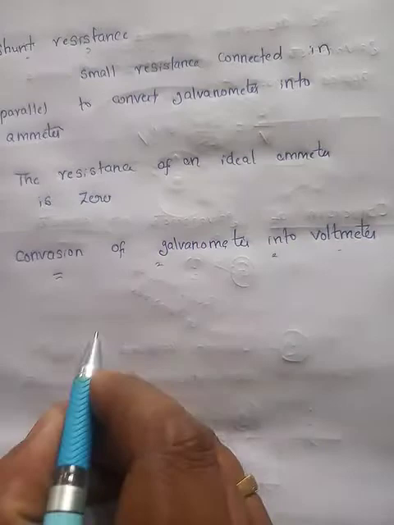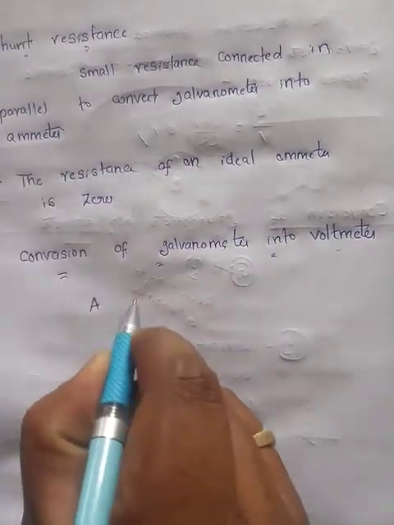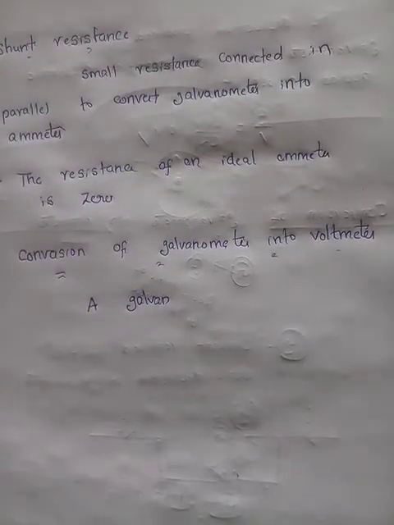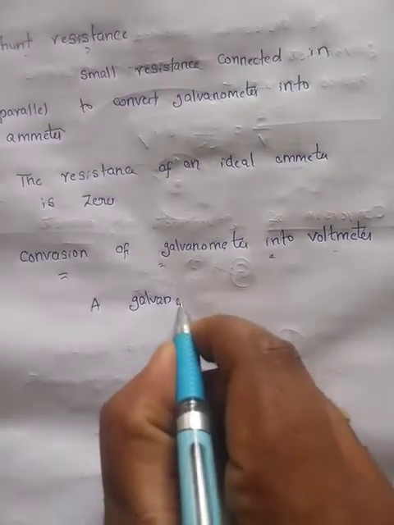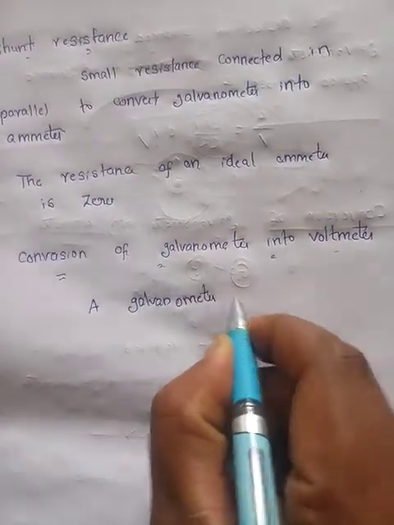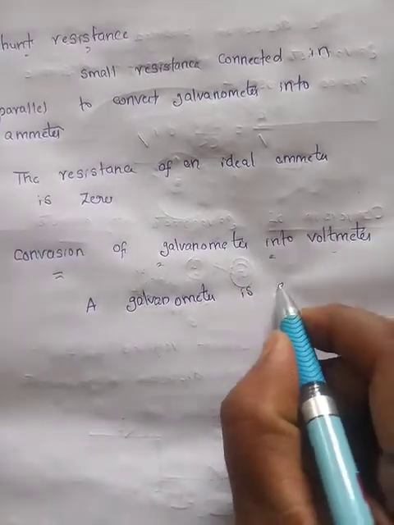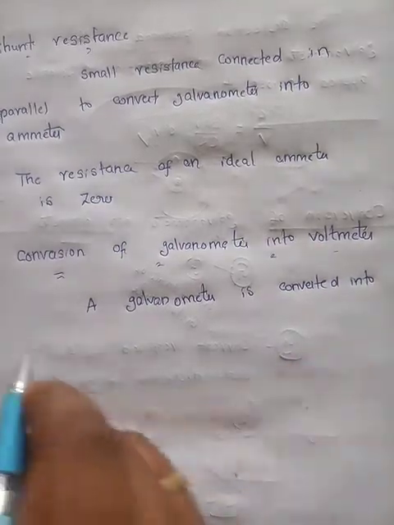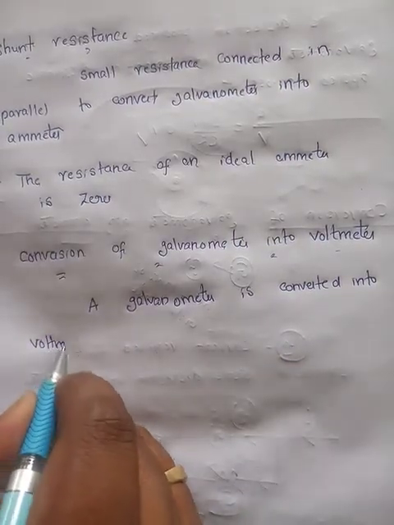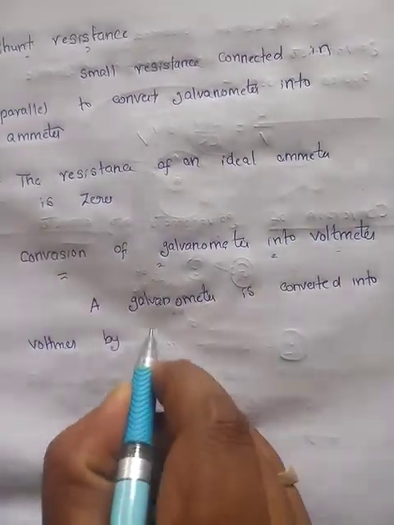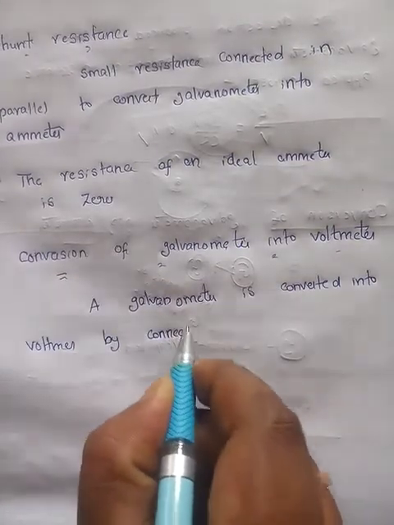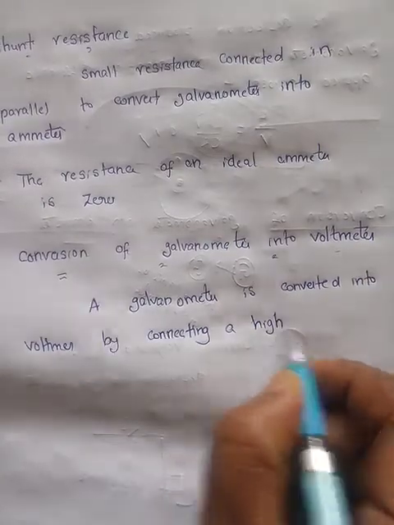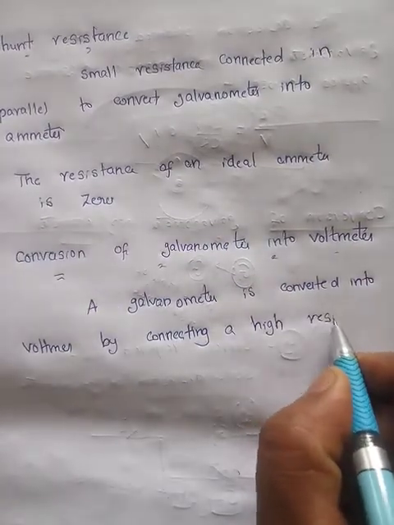So here we can say that a galvanometer is converted into a voltmeter by connecting a high resistance in series to it.